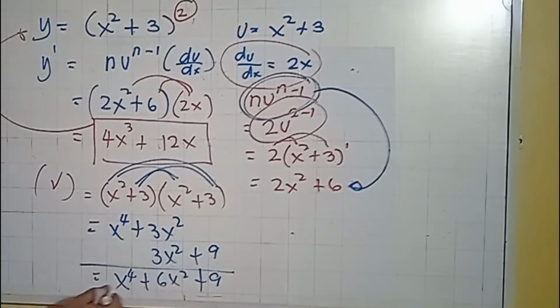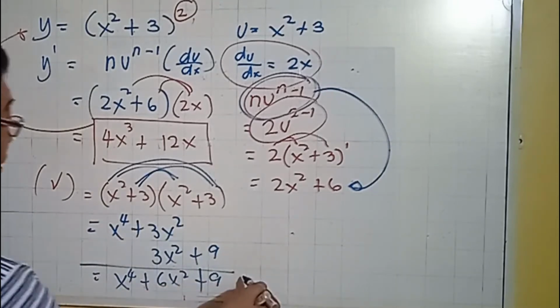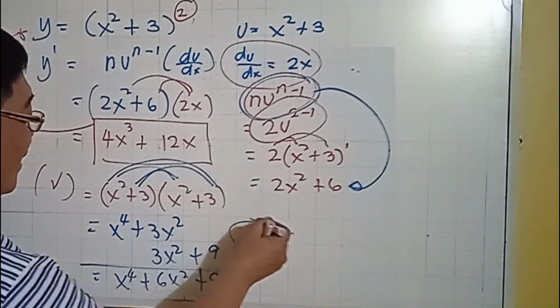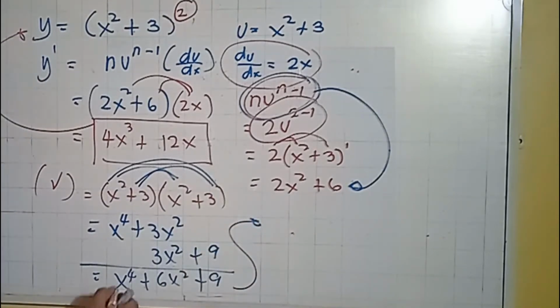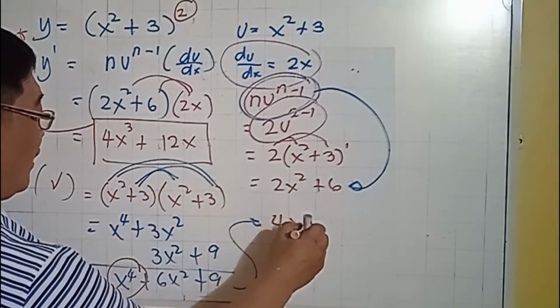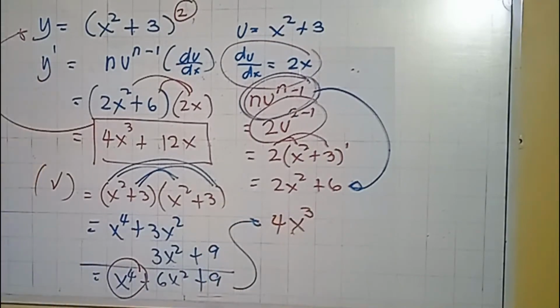So in this case, pwede din natin kunin yung derivative ng x raised to 4, 6x squared plus 9, di ba? Individually, kinuha natin yung derivative niyan. And the derivative of x raised to 4 is equals to 4x cubed using power formula.